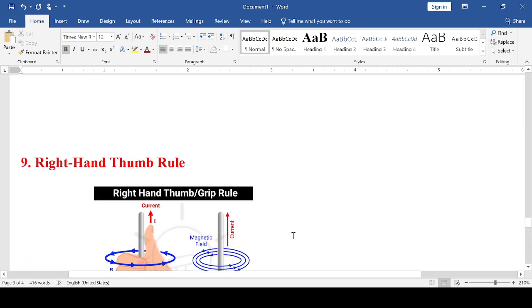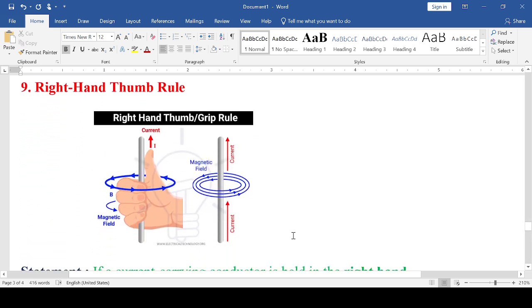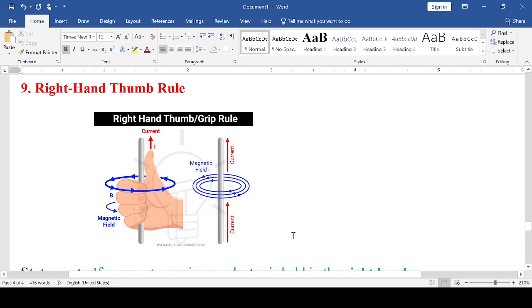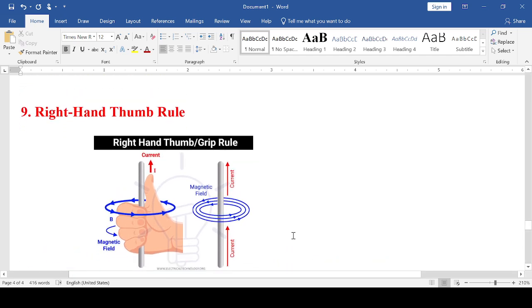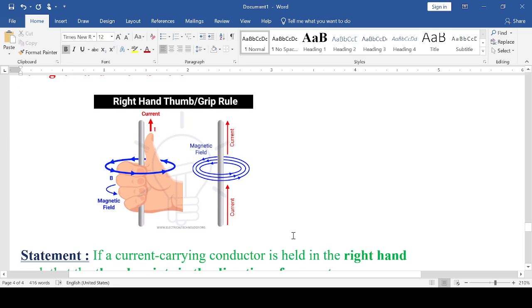Next comes the right hand thumb rule. Kindly check properly, and place your right hand in this way. The thumb will always point in the direction of the current, and the folded fingers will point towards the magnetic field. This is your right hand thumb rule.